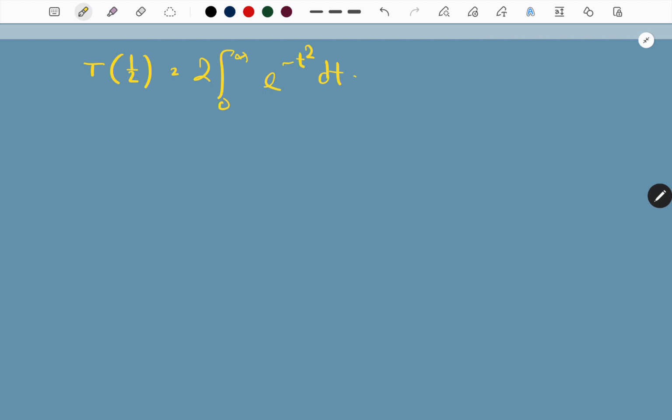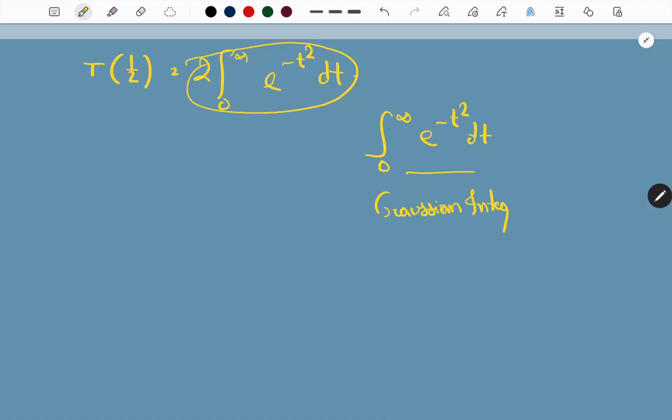Now this is a very famous integral. The integral from 0 to infinity of e to the power minus t square dt is also known as the Gaussian integral, and is equal to root pi by 2.